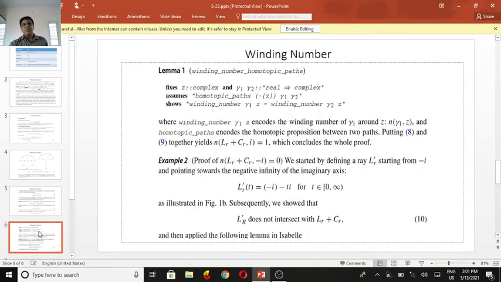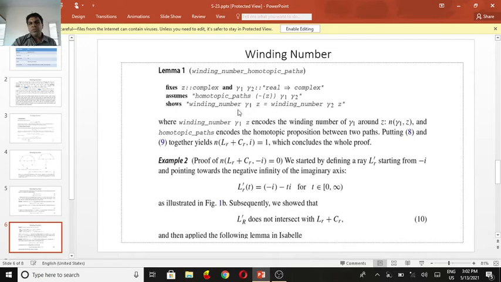In the same way, we come to the lemma on winding number and homotopic paths. Fix z complex, and gamma 1, gamma 2 are paths. Assume gamma 1 and gamma 2 are homotopic in the plane minus z.